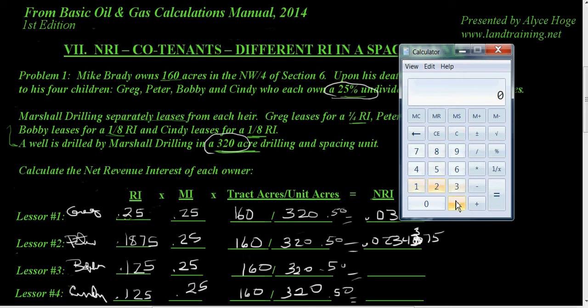Okay, let's start over. 0.125 times 0.25 times 160 times 160 divided by 320. Okay, this is why we want to use a spreadsheet.